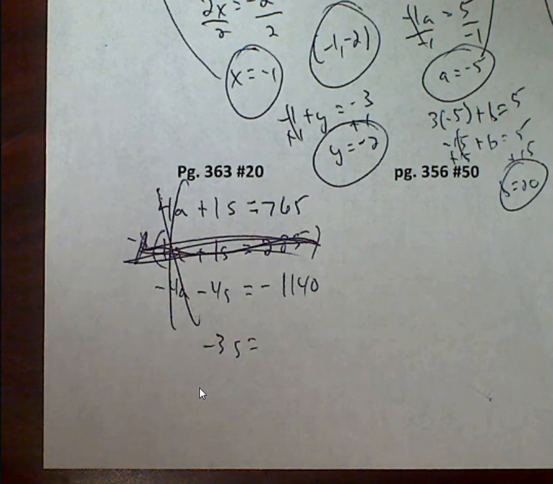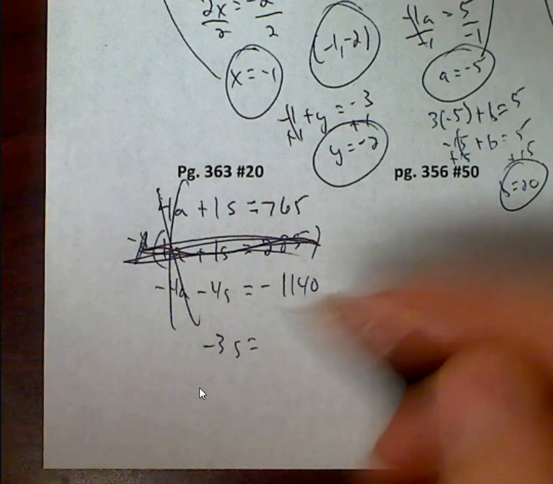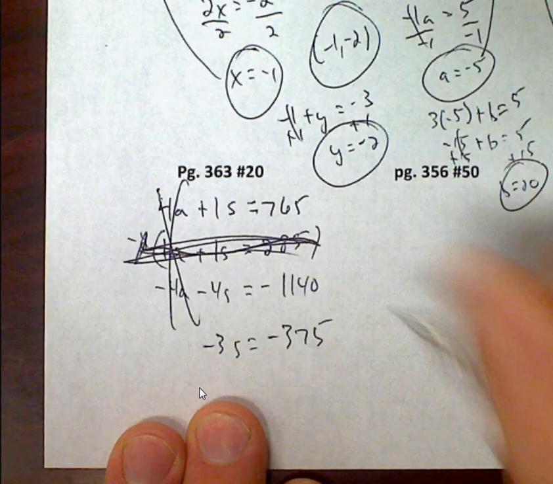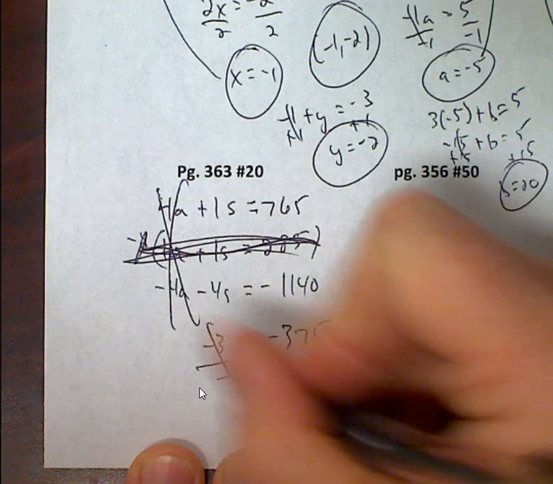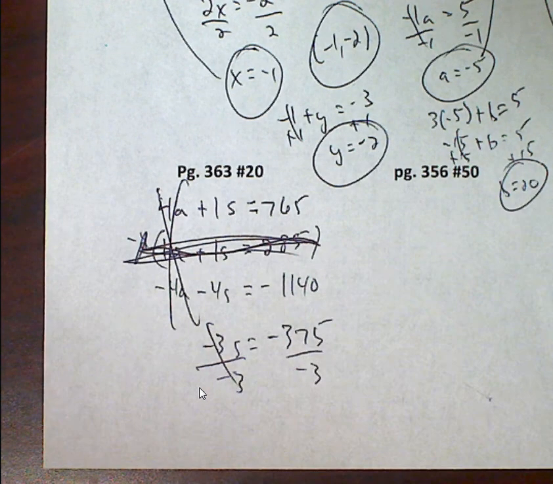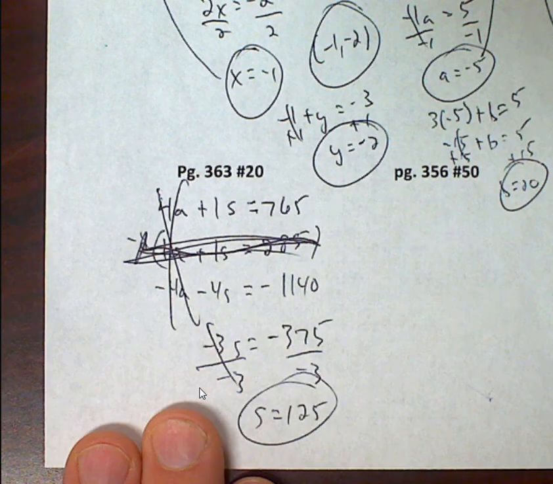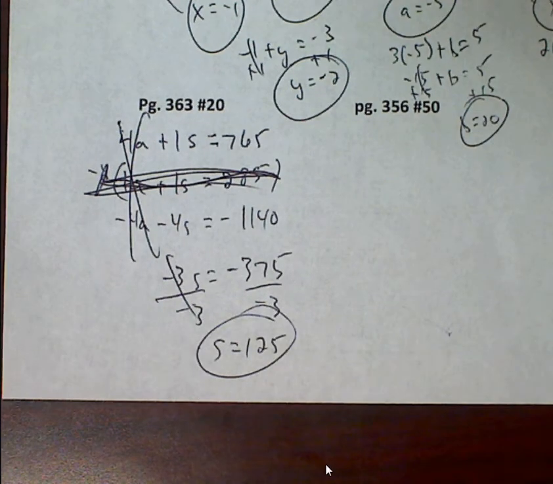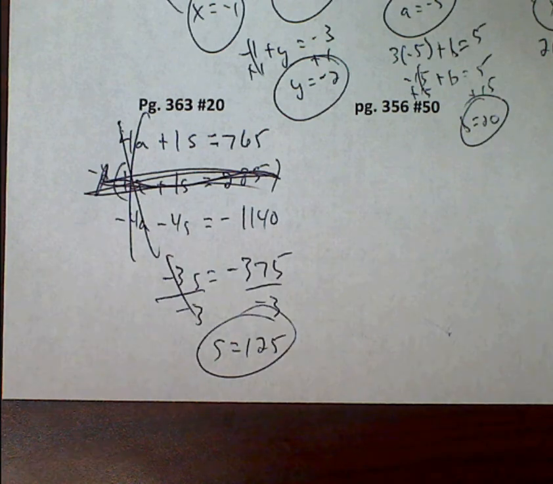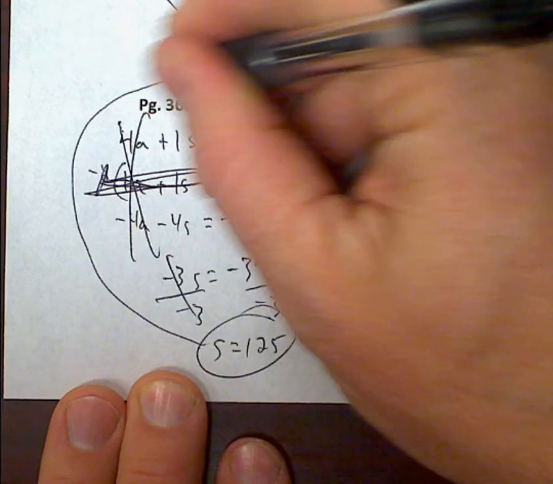765 minus 1140 gives me negative 375. Divide by negative 3, and I get 125. So I know my students sold 125 tickets. So I need to plug this back in.